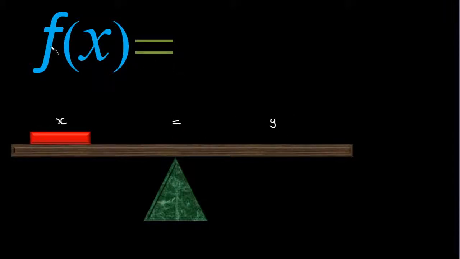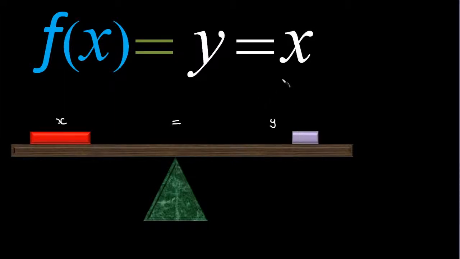So if we write this up here, our function of x at the moment, what x does is just reproduce, it copies exactly whatever we put into it and produces y, like this. So y must equal x. And there we go, we've just got a copy of x on our y side of the equation.